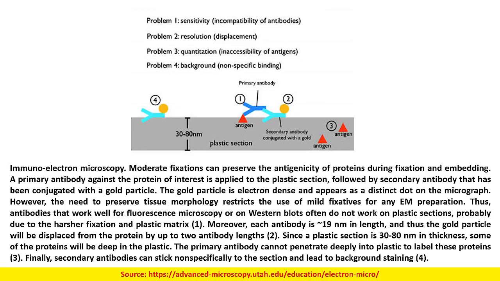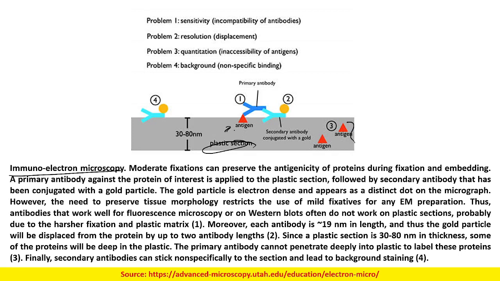Then there is immuno electron microscopy. Over here, what happens is that we have a plastic section, and within this plastic section, antigens are being immobilized. However, it has some disadvantages. What is the disadvantage?